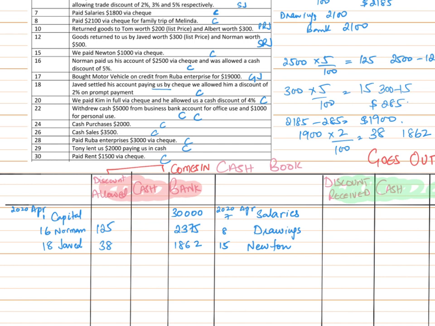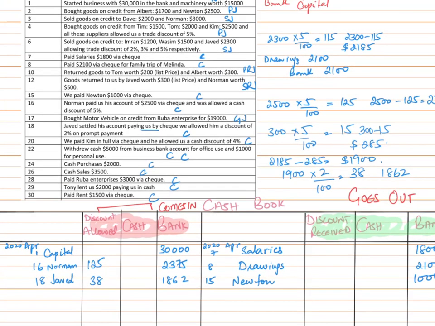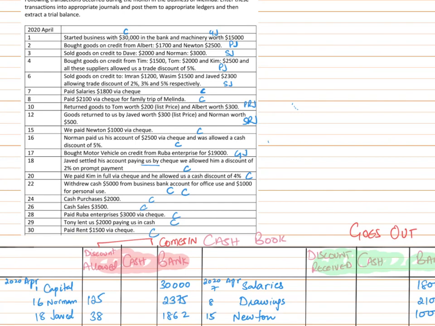Then after 18th, we can see we paid Kim in full via check, and he allowed us a cash discount of 4%. So if we calculate the amount for Kim, we'll have to see transactions pertaining to Kim.